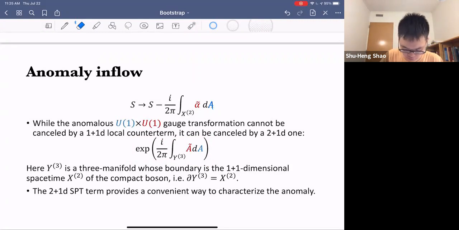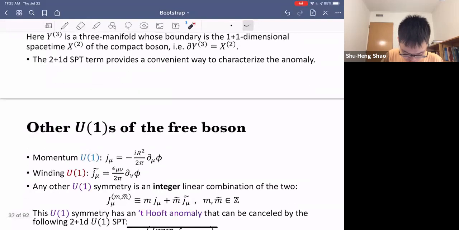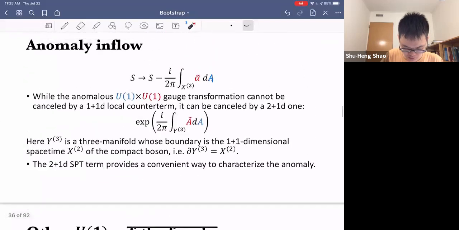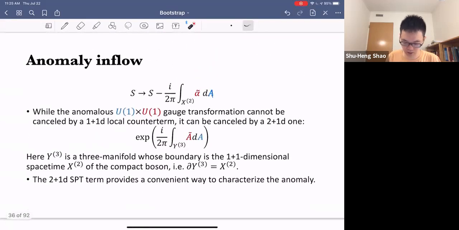In many cases, instead of working with the 1 plus 1 dimensional manifold, they go one dimension higher and try to classify consistent invertible field theories. All right, so that's the anomaly of the 1 plus 1D free boson, and that will be the player driving the show.